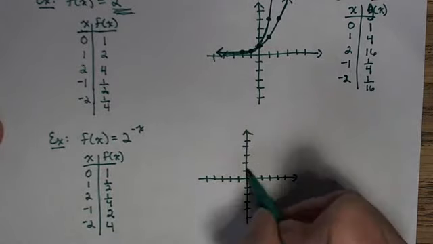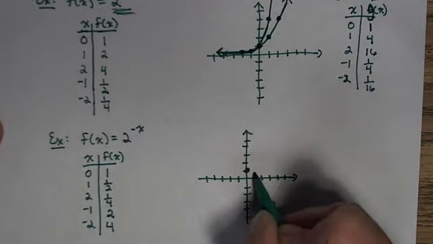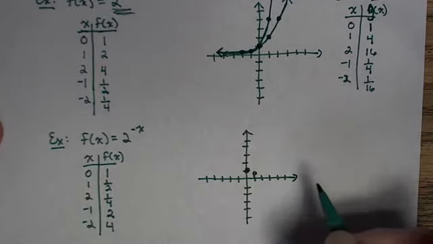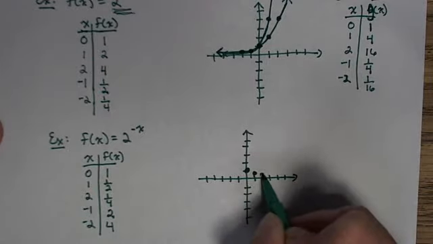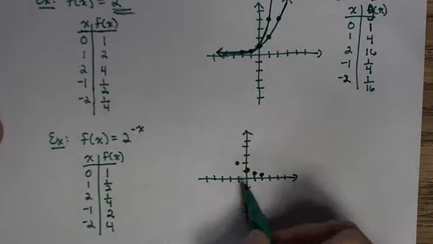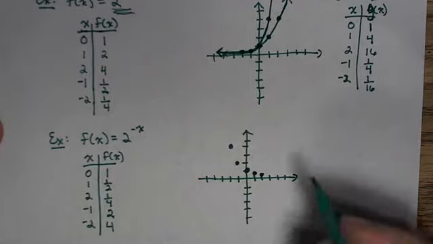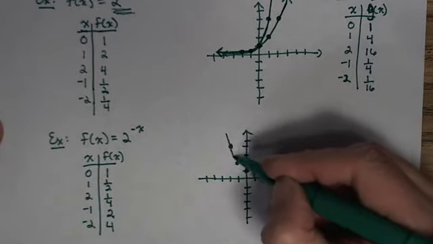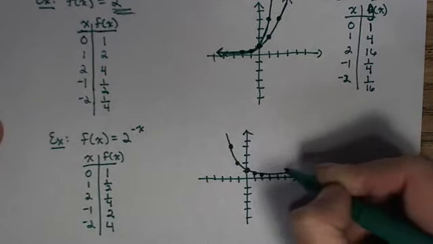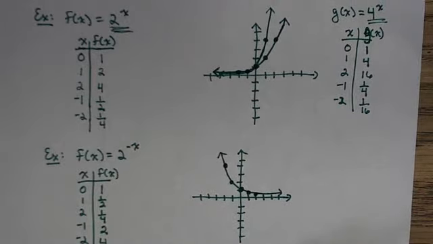So let's see, 0, 1 is right here. 1, 1/2 is right here. 2, 1/4, closer yet. Negative 1, 2 is up there. Negative 2, 4 is even further up. So it looks like the graph is doing something like this. So compare these two graphs for a moment.